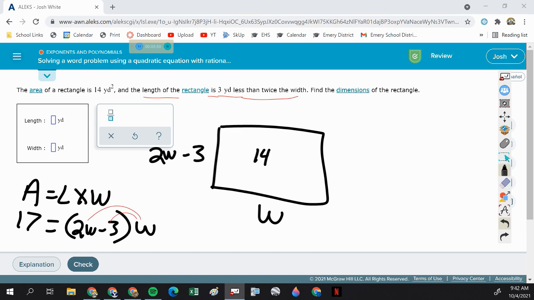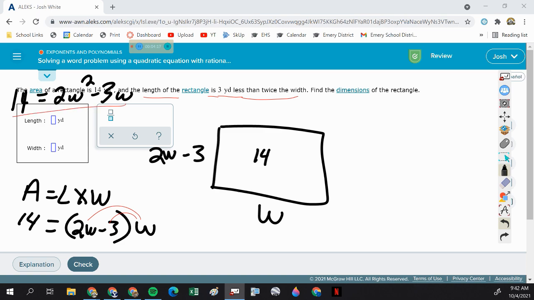So we distribute this. 14 equals 2W squared minus 3W. Now what? Well, it's not 17, it's 14. Okay.